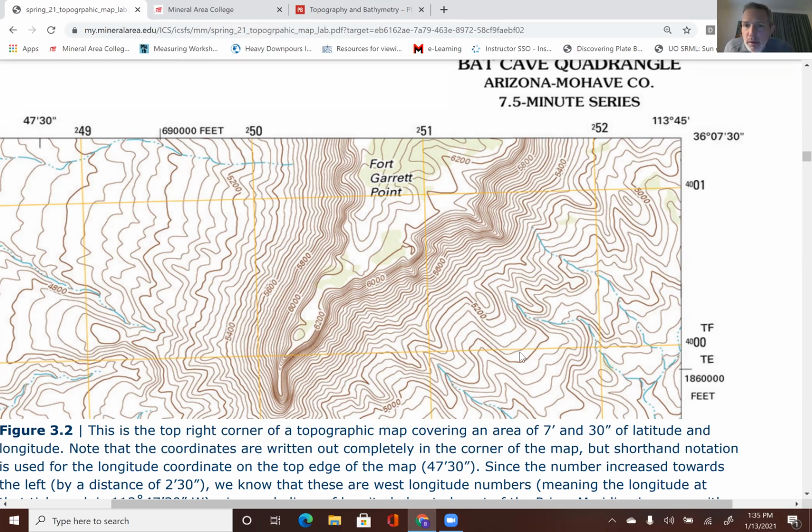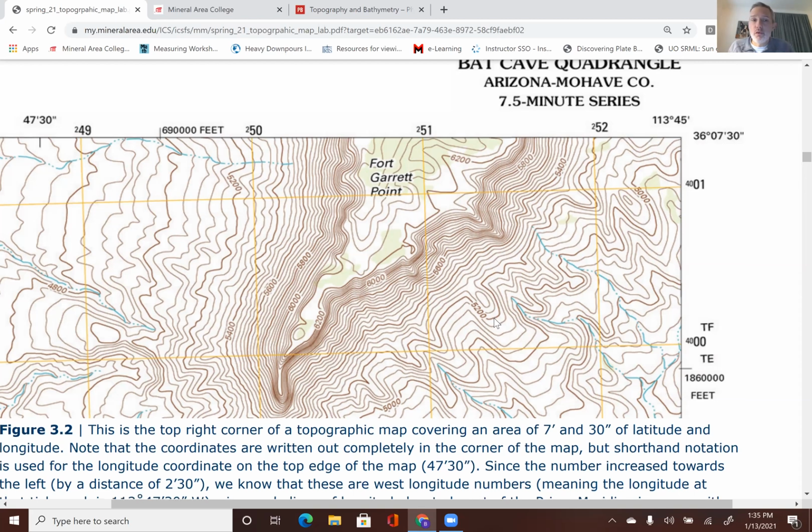And these ones in between, which are not as dark, are still contour lines. They're just not labeled. But we know that if there are 5 of these lines in between a span of 200 feet, 200 divided by 5, that means that each one of these contour lines is going up by 40. So the contour interval of this map is 40.